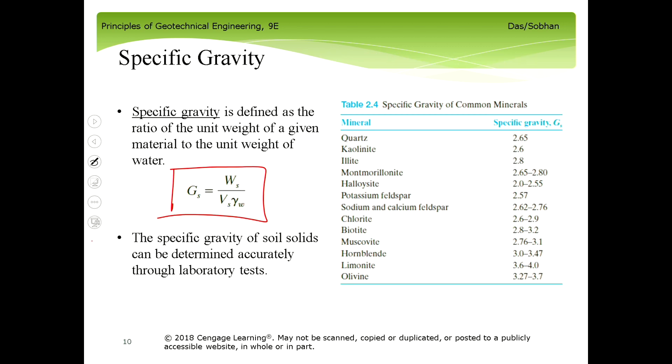So this is specific gravity. In here, Vs gamma W, that is the unit weight of the water, right? So the specific gravity of soil solids can be determined accurately through laboratory tests.